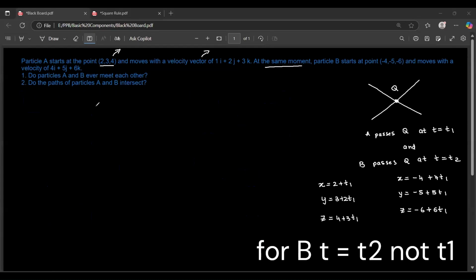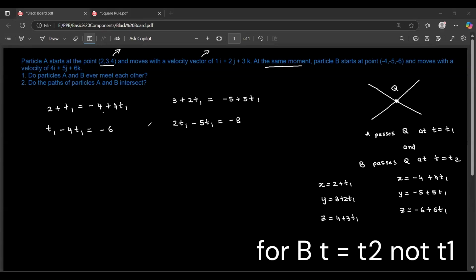Let's do that. First of all, equating 2 plus t1 equals minus 4 plus 4t1, I can say t1 minus 4t1 equals minus 6. Similarly, 3 plus 2t1 equals minus 5 plus 5t1, so here I can say 2t1 minus 5t1 equals minus 8.